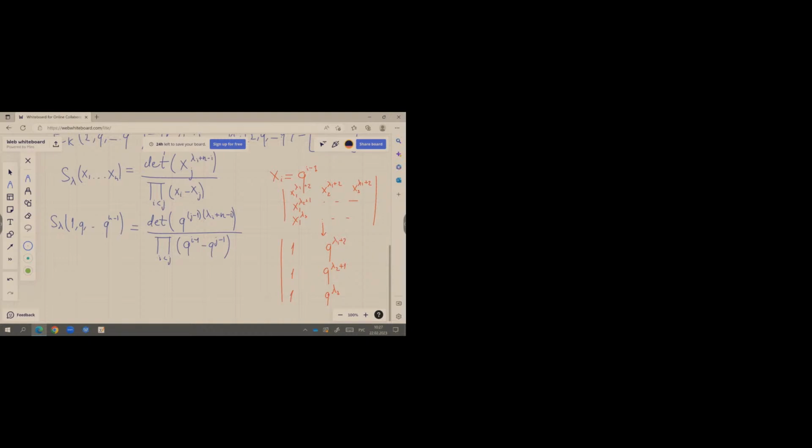This fellow here is q squared, so this is q squared, q to the power 2 lambda 1 plus 2, q to the power 2 lambda 2 plus 1, and this is q to the power 2 lambda 3. So that's it. My question is now whether you can compute this determinant. Can you compute it yourselves?